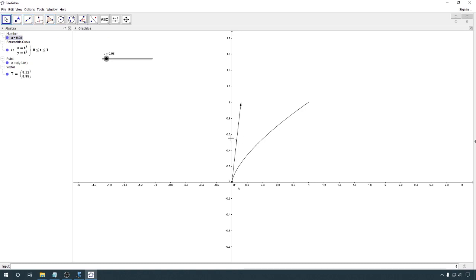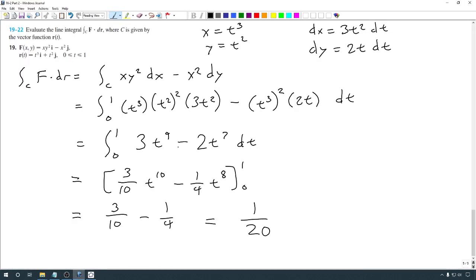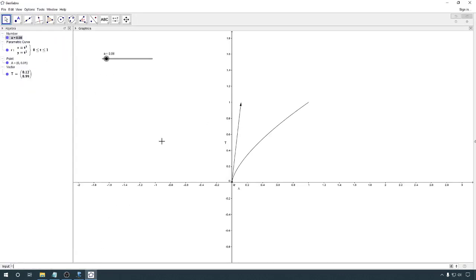Now, what is actually happening to the actual vector field? So recall, we have a vector field that's equal to xy squared comma negative x squared, or I guess right up here, we have xy squared and we have minus x squared. I'm going to take the point on my curve and give it the vector of our vector field at that point.